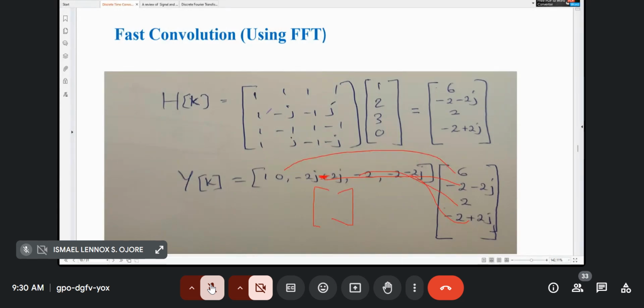Let's find out this. This is 1. It's minus 2 minus 2j. Oh, this is 2 minus 2j. Oh yeah, this is minus 2 minus 2j. And then this is minus 2 minus 2j. This is minus 2 plus 2j. No. Sorry.